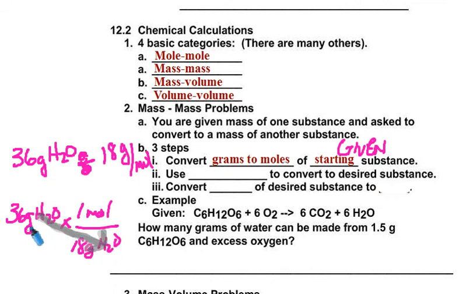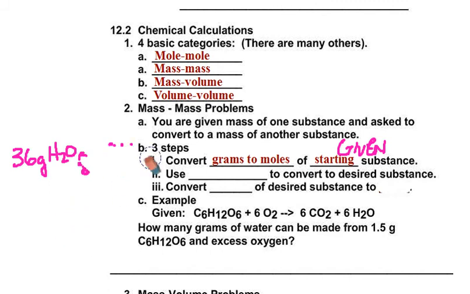So you drag these units, the grams of H2O, to the bottom of the next fraction, and miraculously, they are going to cancel with each other. That's the whole point to doing this, giving us whatever numbers are left and these units that are on the top of the last fraction. And we will continue to do that through all of our problems in this particular section.